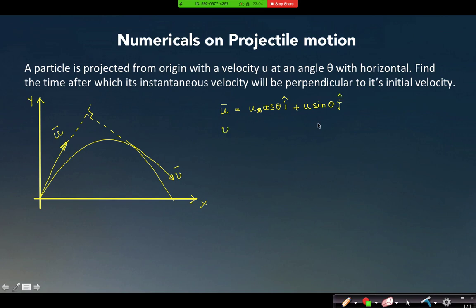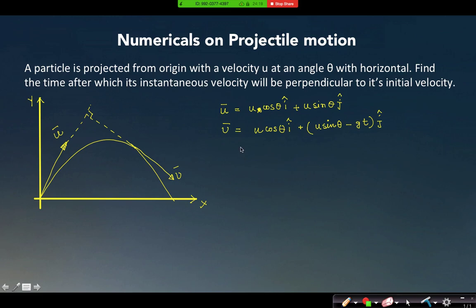Can you write v vector as vx i cap plus vy j cap? It is u cos theta i cap, since the x component will remain the same. What about its y component? Is it u sin theta t, or only u sin theta? It is u sin theta minus gt j cap.